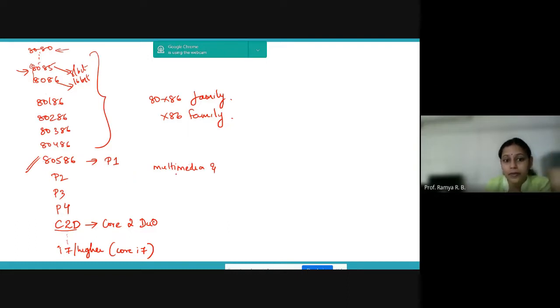So this is the evolution, and we are learning this subject using the 8086 microprocessor. 8086 has some additional features over 8085, and we'll learn this as we proceed through the subject.